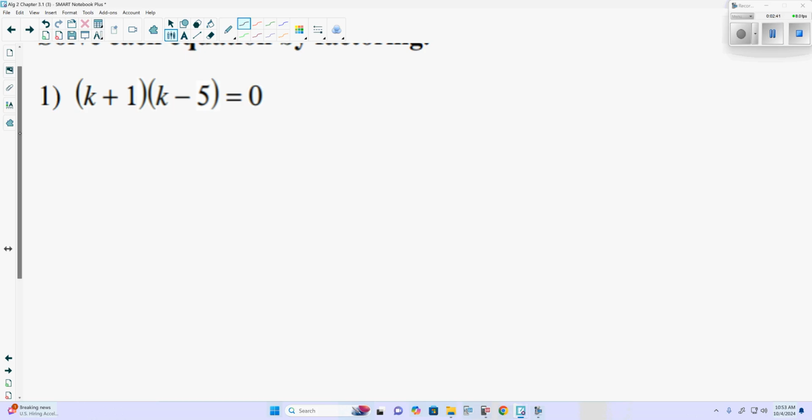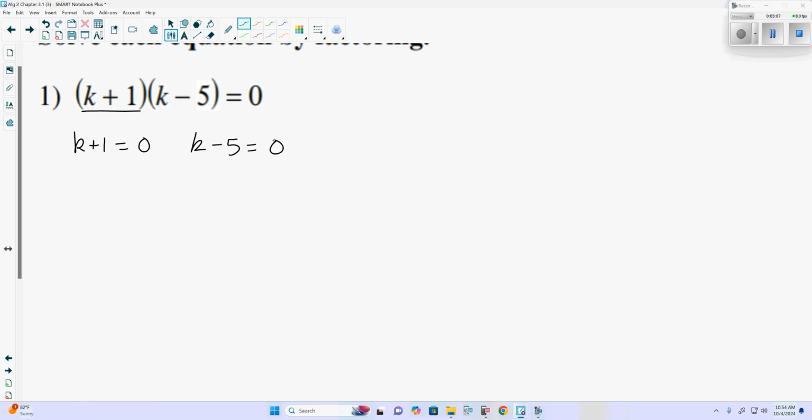K plus 1 times K minus 5 is equal to 0. Now, according to the zero product property, either K plus 1 is 0 or K minus 5 is 0. So if we're multiplying those two together, one of those has to be 0. Questions on this here?